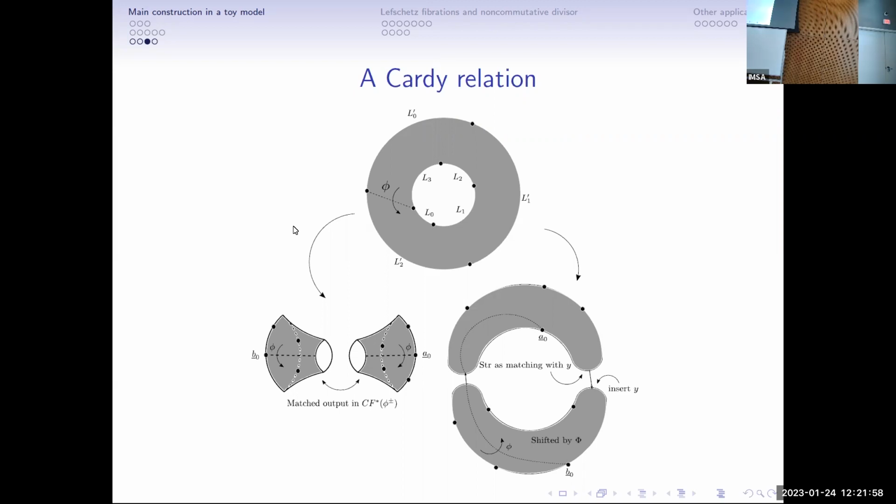And of course, there are some other components of the boundary strata of the moduli space, which correspond to sort of Floer differentials, but let me ignore that. So these two kinds of degeneration, as written in the lower part of this picture, correspond to, on the left part, where this conformal parameter associated to the annulus goes to infinity.